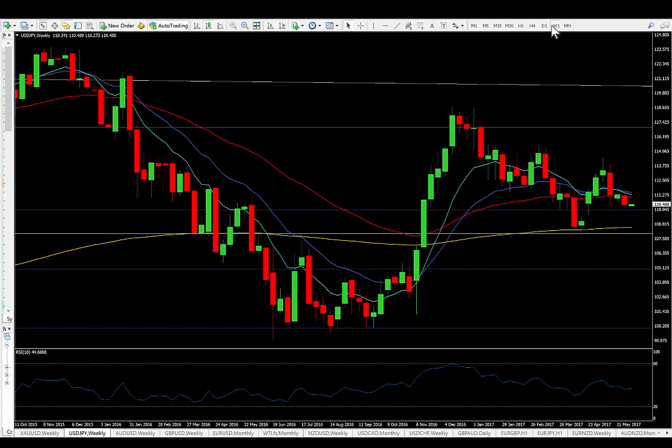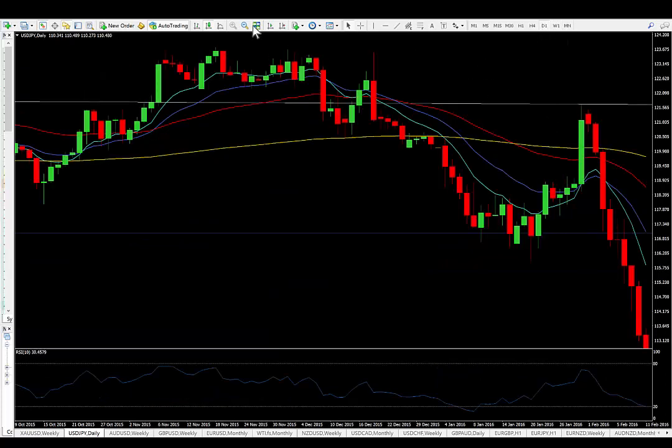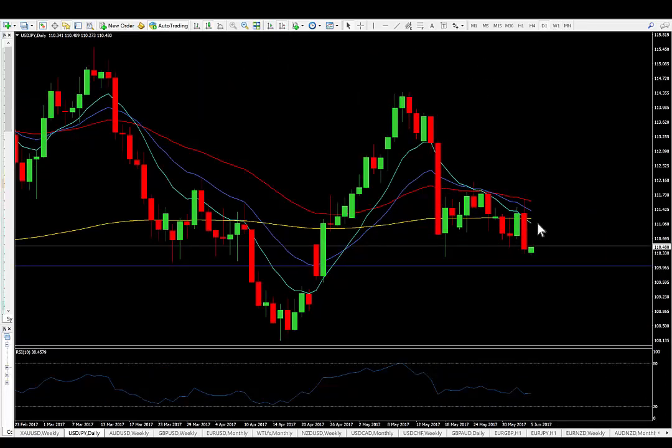So that's how I'm viewing this particular scenario. Now, if we just have a quick look at the daily and get to this particular bar, which was Friday's bar, you can see that we've got strong reactions to these EMAs, pushed into the 50 and sold off rather well. It's a good solid bar. We've closed very close to the low, and it's taken out this particular swing low here. So we do have a lot of weight to the downside on this price action bar.